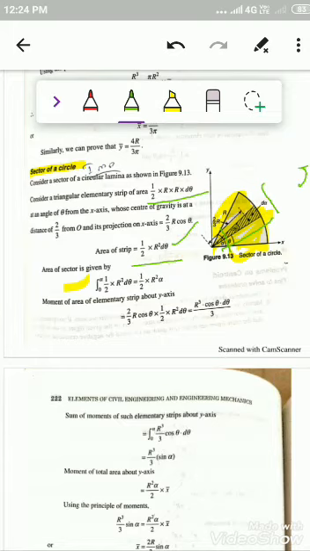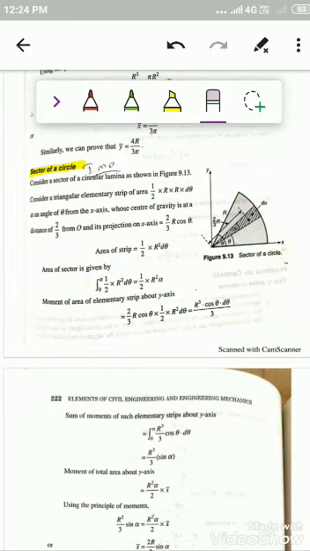Just integrate the area of the strip under the limits of 0 to alpha, and you will get the area of the sector. So this is one extra part compared to the previous derivations. In the previous derivations, we had the area of the semicircle and the area of the quarter circle directly, but for the sector the area is not directly available as a formula.